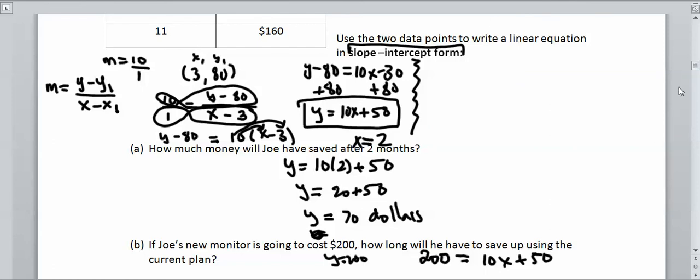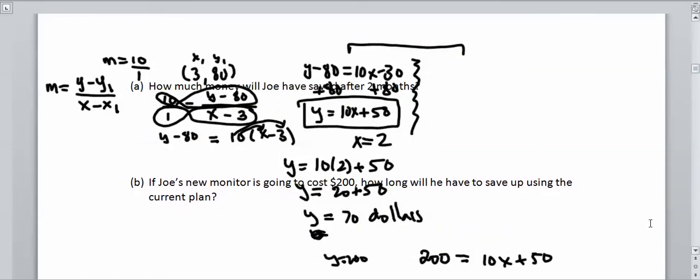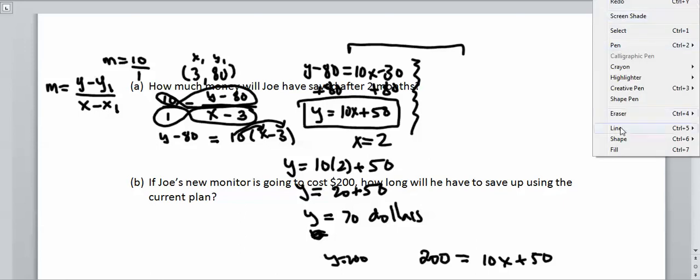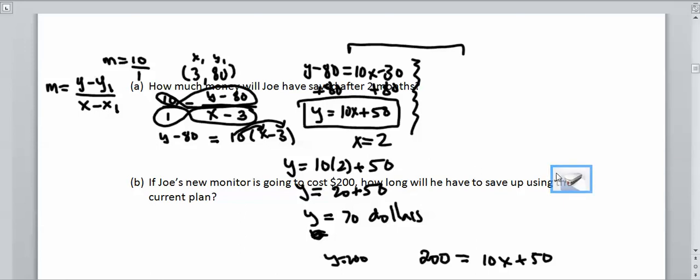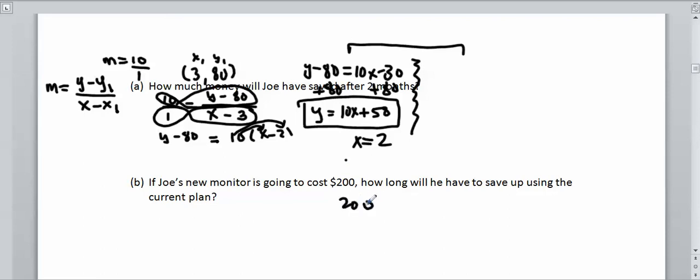Scroll down just a bit. Okay, and once I have that equation, I need to solve for x, so the number of months that it's going to take him to save up. So I need to get the x by itself.